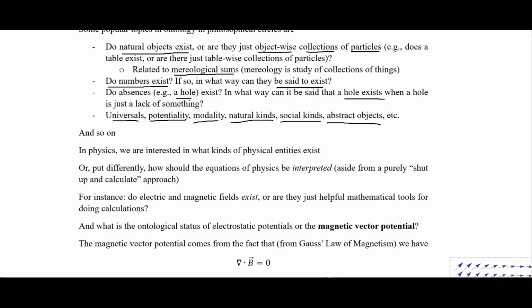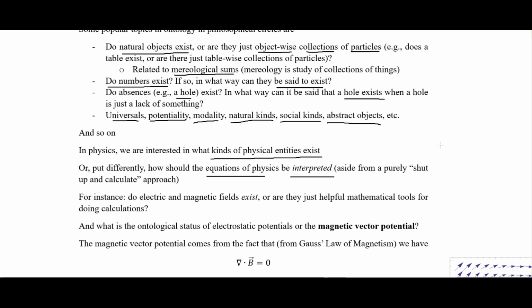In physics, what we're interested in is what kinds of physical entities exist, or, to put this differently, how should the equations of physics be interpreted, aside from the just shut up and calculate approach? If you know anything about Einstein's general relativity, maybe you've watched popular science videos that talk about a fabric of space-time that gets bent when there's something massive there, like a trampoline when you put a bowling ball on it.